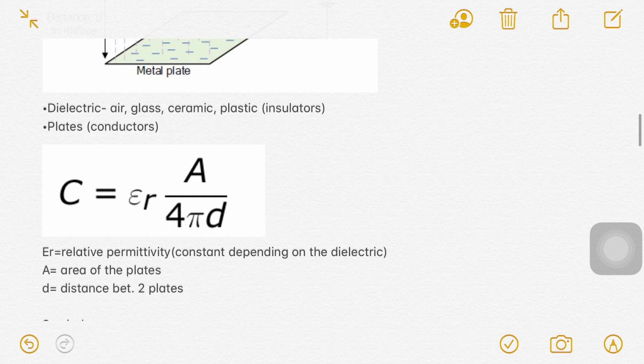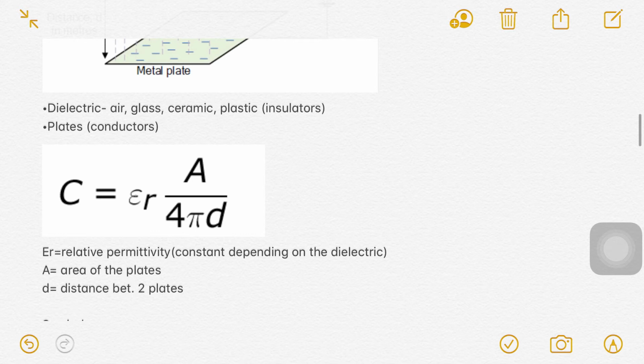Now, we can notice in the formula that the capacitance is directly proportional to the surface area and inversely proportional naman siya sa distance between the two plates. So, habang lumalaki yung surface area ng capacitor natin, habang mas malaki yung capacitor natin, mas malaki din yung capacitance that it can hold.